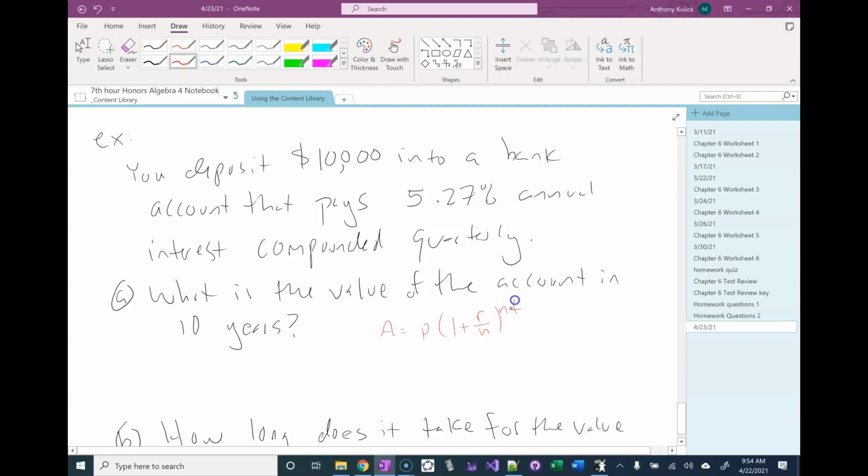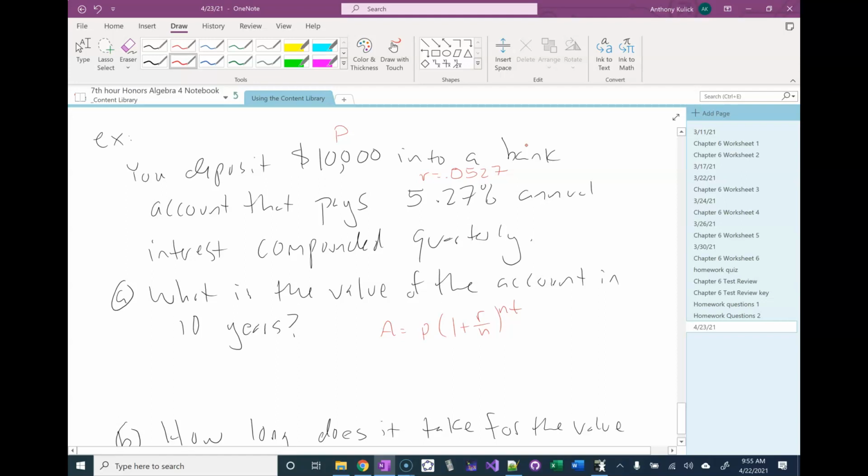So we'll use our compound interest formula. The initial value of the account is the 10,000. The annual interest rate tells me the value for R, so 5.27% as a decimal is 0.0527.